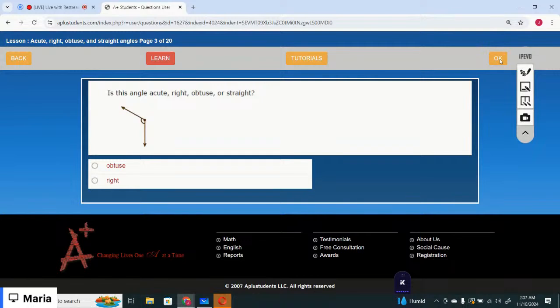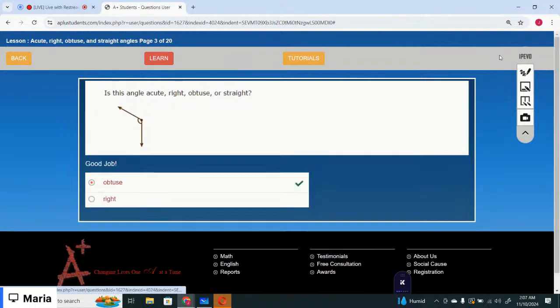Is this angle acute, right, obtuse, or straight? So, which is the correct option? Yes, again, that is an obtuse angle. Option number one is the correct option. Very good.